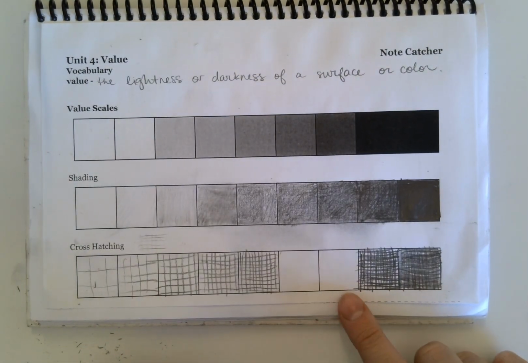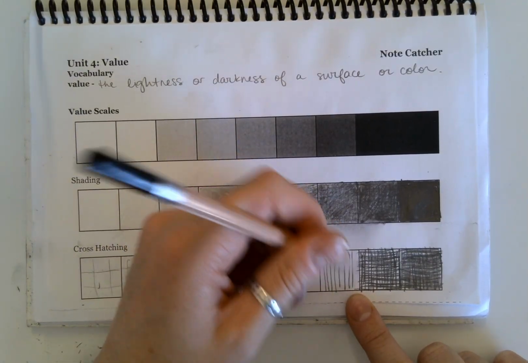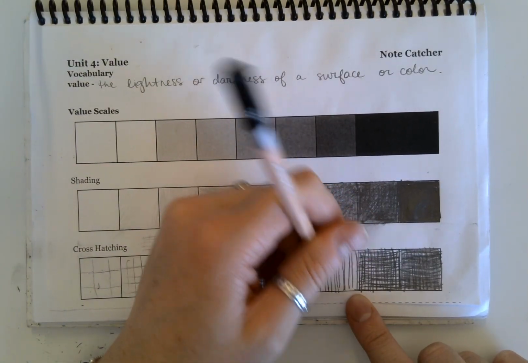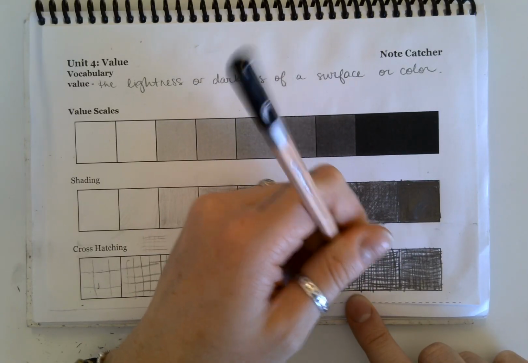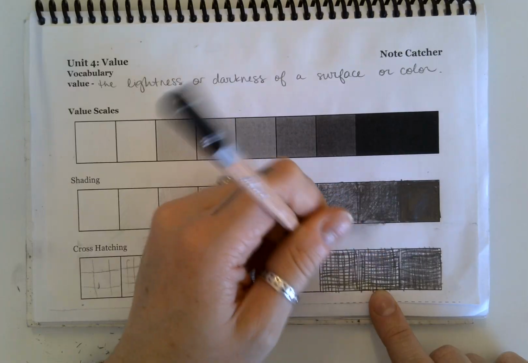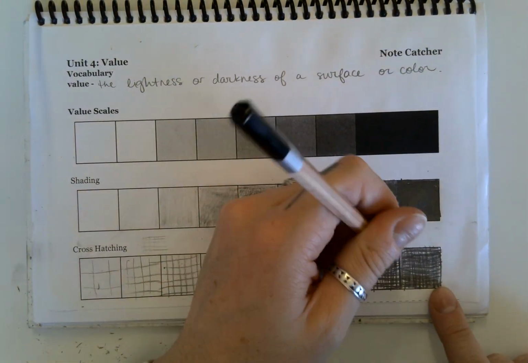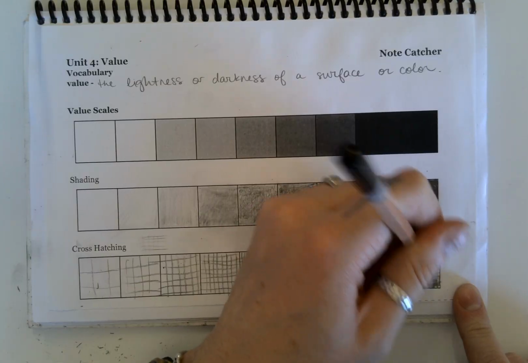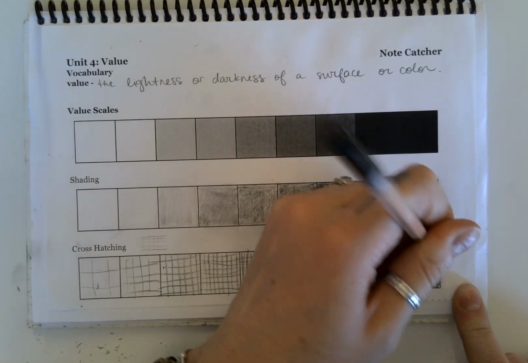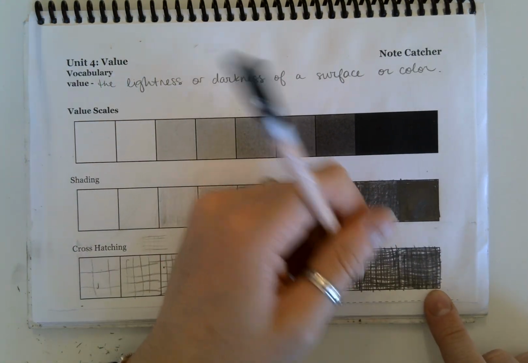Okay, and then I'm going to hop over here, go a little bit lighter, but still pretty intense. These kind of look similar. I might add a few more to this one and a few more to this one just to really show, okay, this is the darkest one, this is the second darkest one.